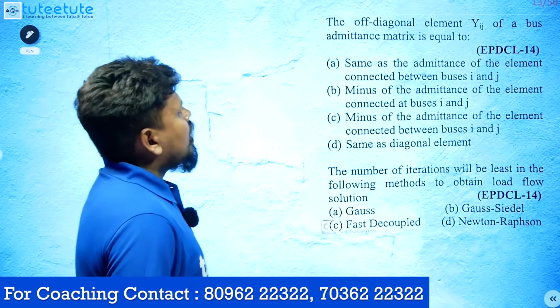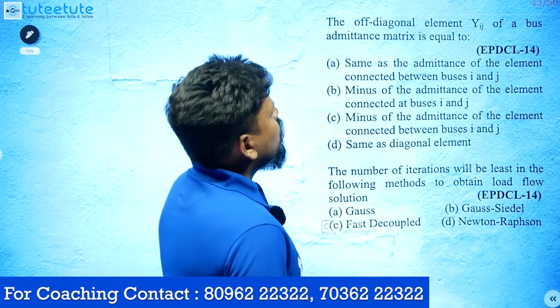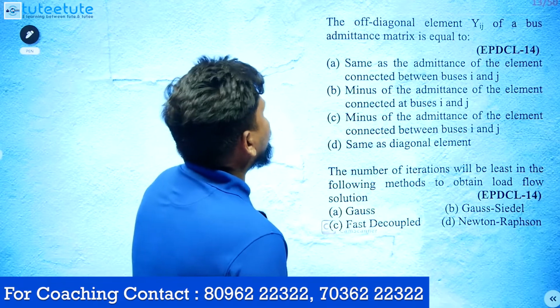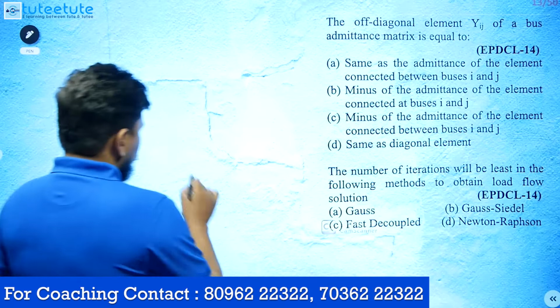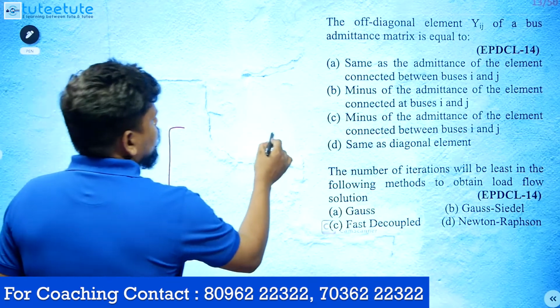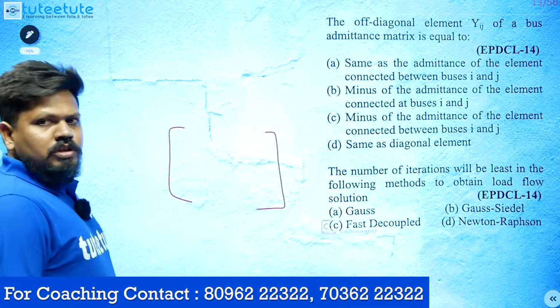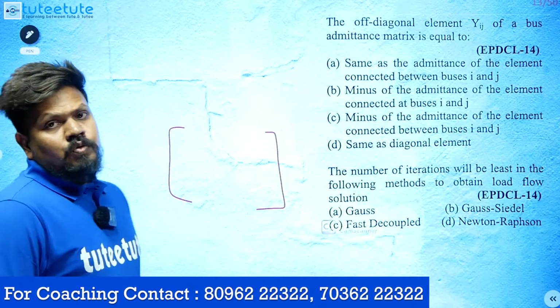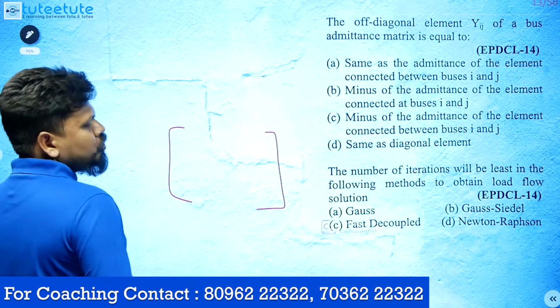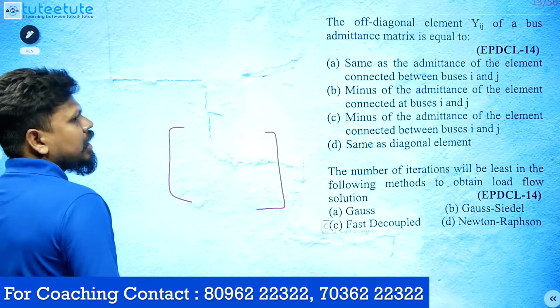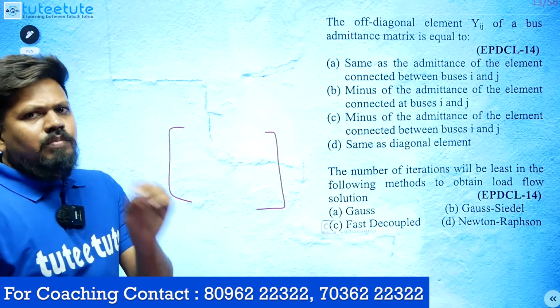Next one, the off diagonal elements Yij of a bus admittance matrix is equal to... So for example, this is the Y bus matrix, which we will be using in Y bus analysis. For power system load flow studies we have to do some analysis, which is why we consider Z bus or Y bus.